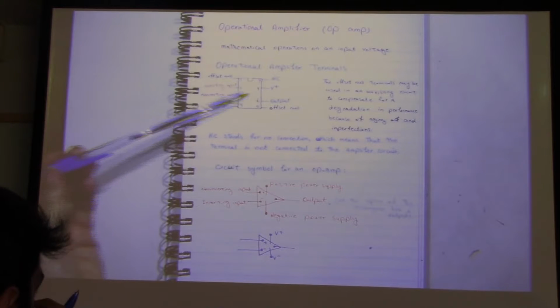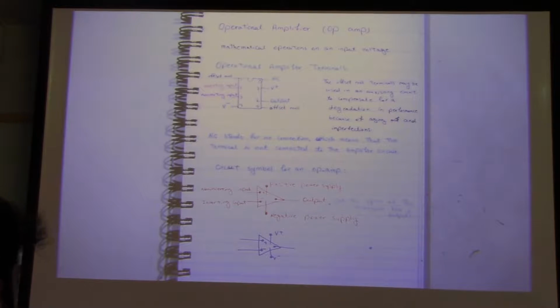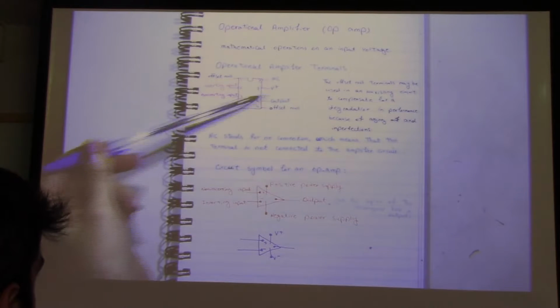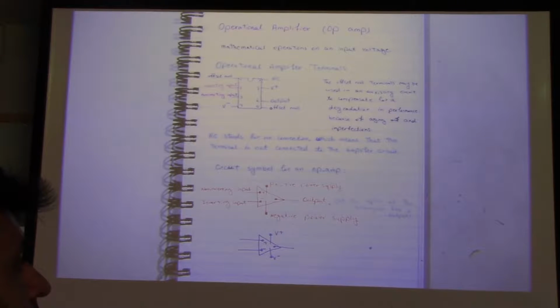Number 2 is called inverting input. Number 3 is non-inverting input. I'm going to talk about them more. And terminal number 6 is output.